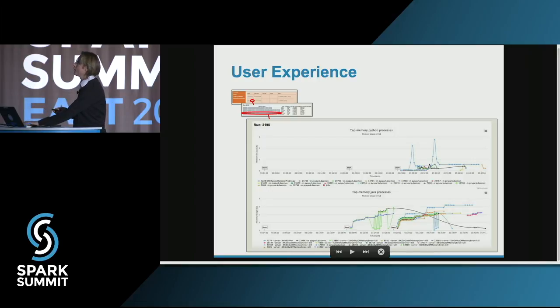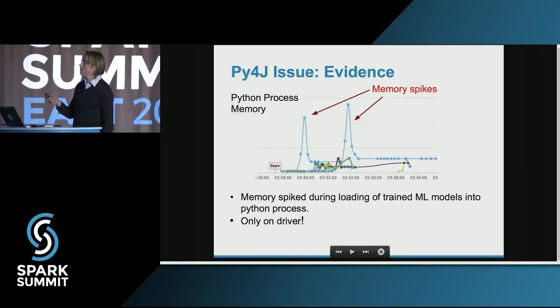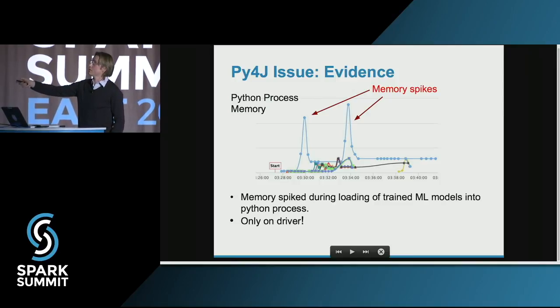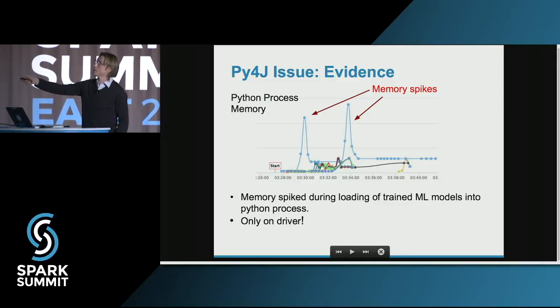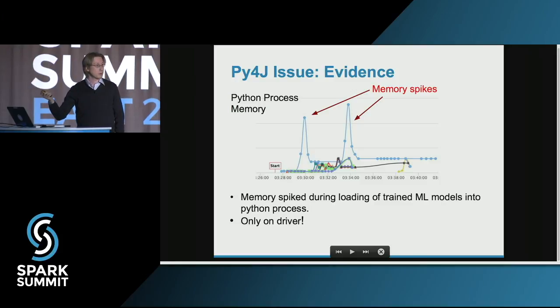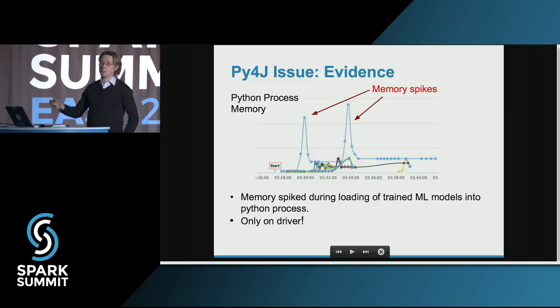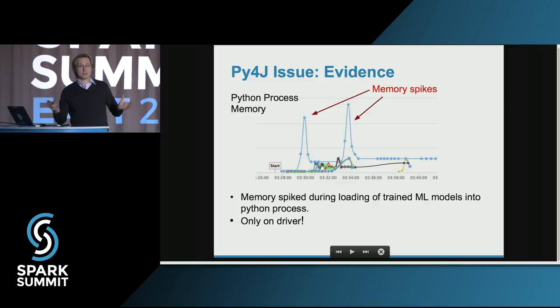And what we saw was that on the driver, we have these memory spikes. When the size of the container on the driver was below this memory spike, we would be running out of memory. So, beautiful peaks.